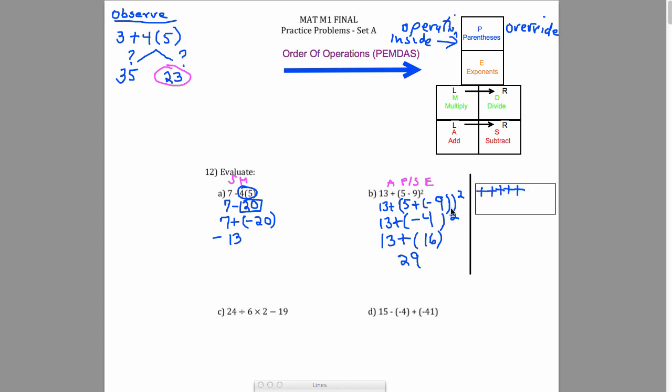And we're adding into that 9 negatives: 1, 2, 3, 4, 5, 6, 7, 8, 9. So we see that there are 5 positives and 5 negatives that offset each other.